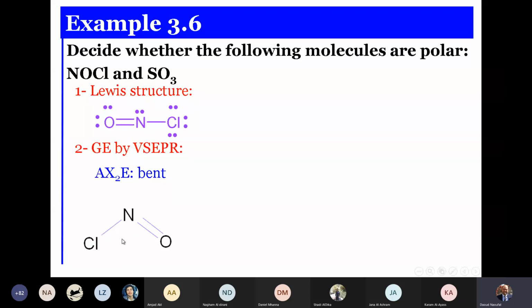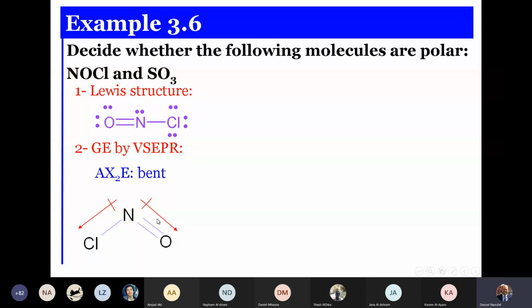So we draw NOCl. Which is more electronegative, N or oxygen, N or Cl? We follow the rule. The oxygen is more electronegative than nitrogen. So we have a vector parallel to the bond from N to O. The Cl is more electronegative than nitrogen. We have another vector parallel to the bond directed from N to Cl. Now we have to look at the polarity.